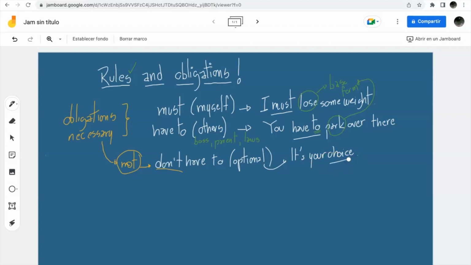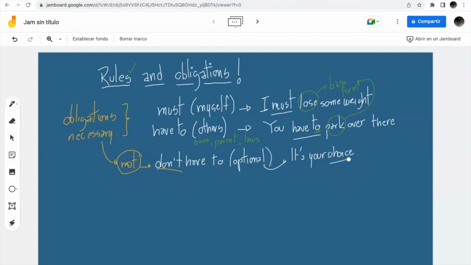Okay? For example, you go to the movies, and that day is movie day, or I don't know what the name is in English, right? El Día del Cine. So the ticket is free. You don't have to pay. It's your choice, though.